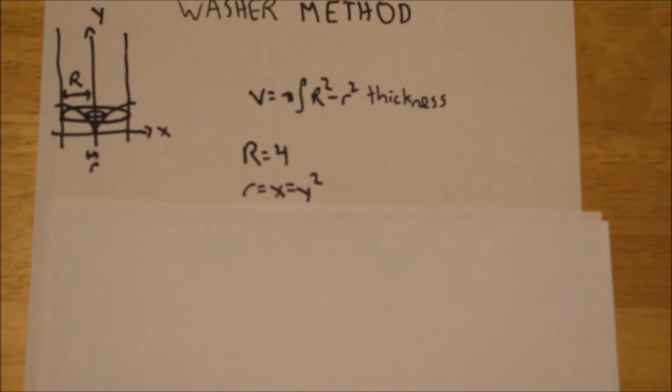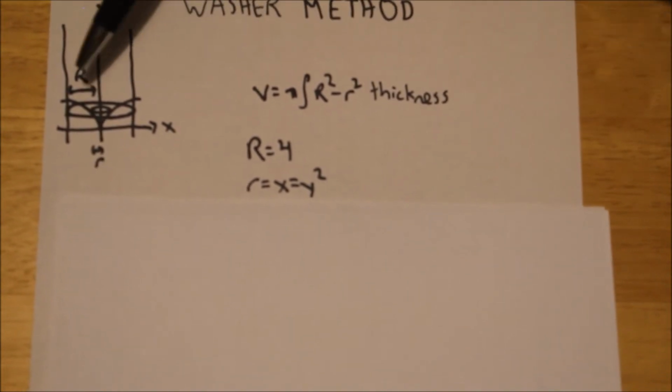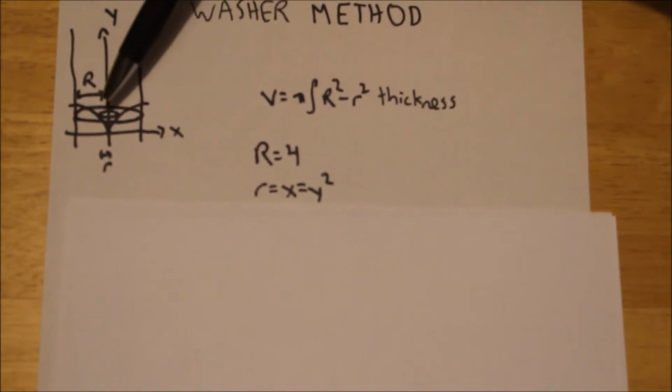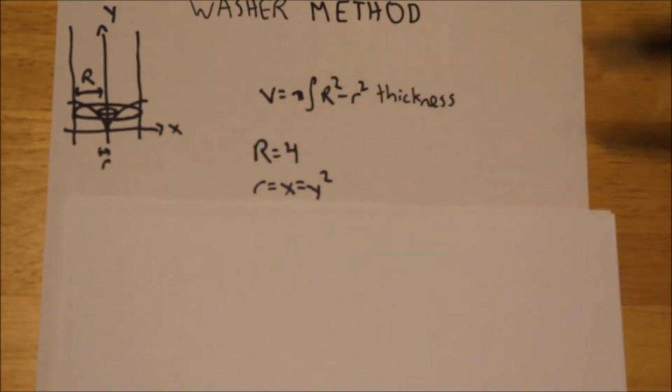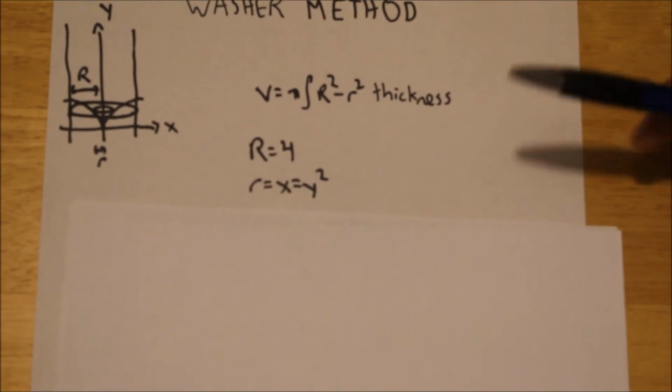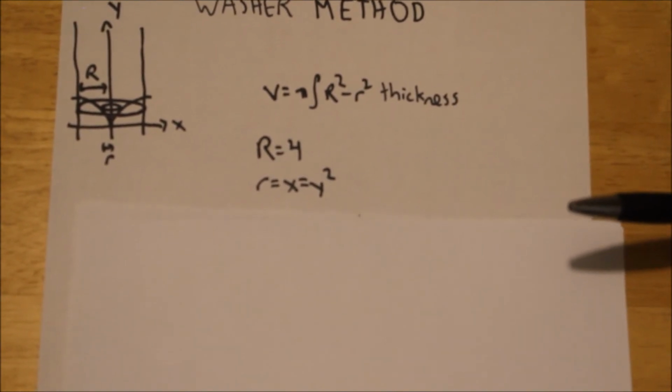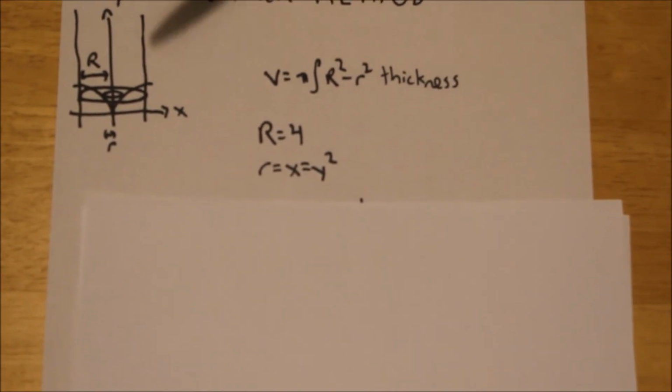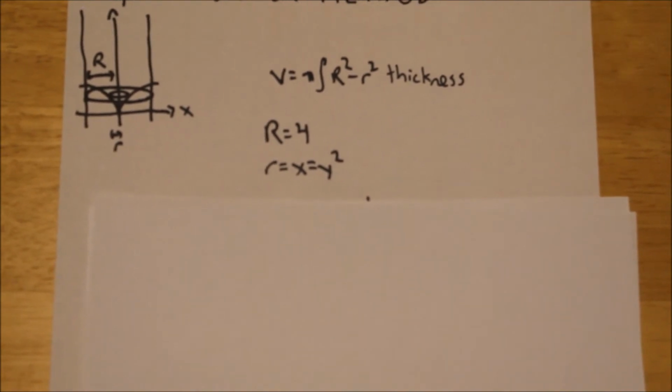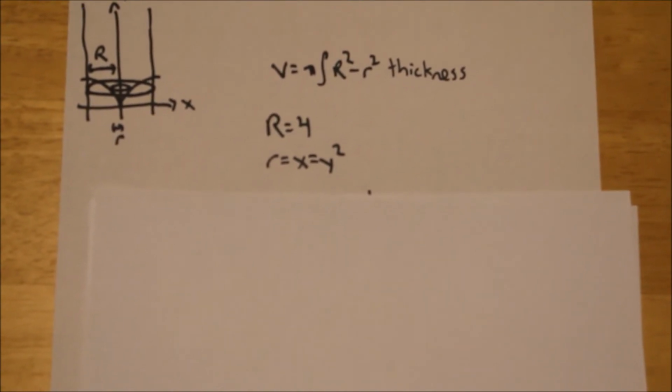So the outer radius is always 4. The inner radius is the x-coordinate of the function that we're graphing. And since y equals square root of x, you can write that x is y squared. The thickness of this is dy, because you are moving it vertically.